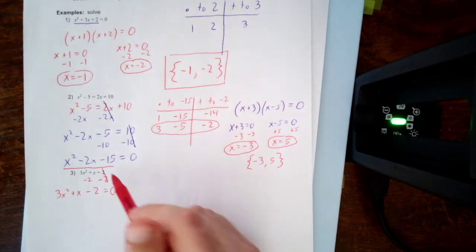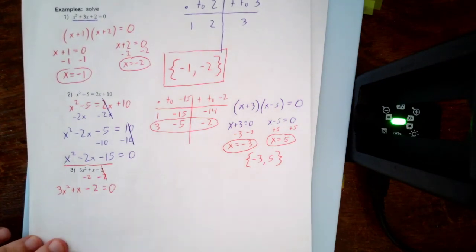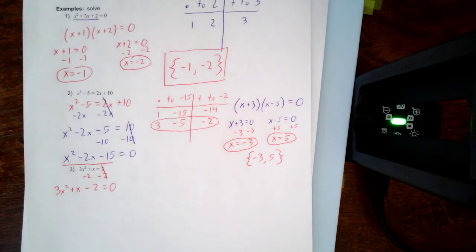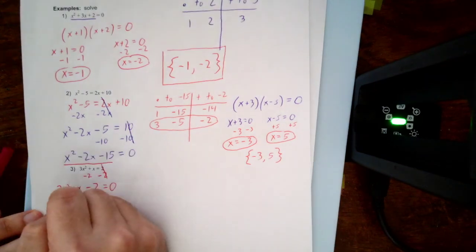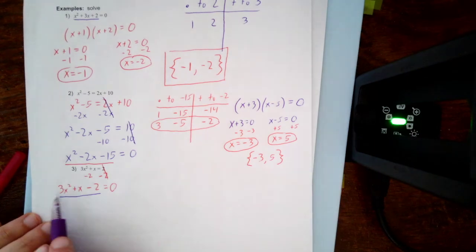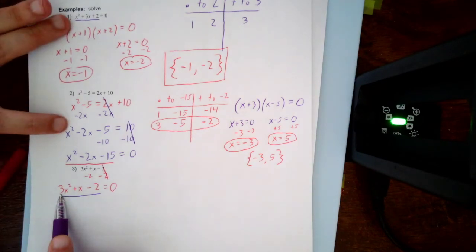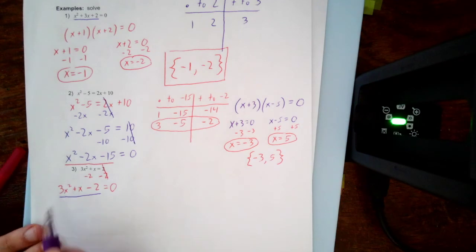None of these are like terms, so I can't combine any of them. I still have 3 terms. Now, I want to factor what I have here. But I need to be careful. The first number in front of the x squared is not the number 1 this time, right? In these last two examples, it was the number 1, but now it's the number 3.